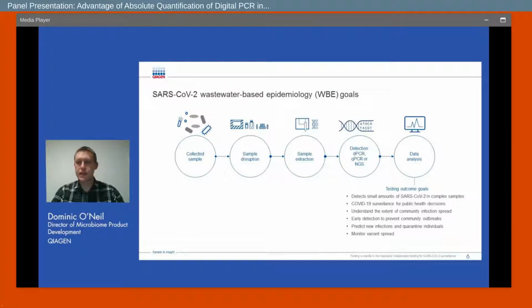The variant should also be detectable in the wastewater, and with sequencing or digital PCR multiplexing, various variants can be detected.